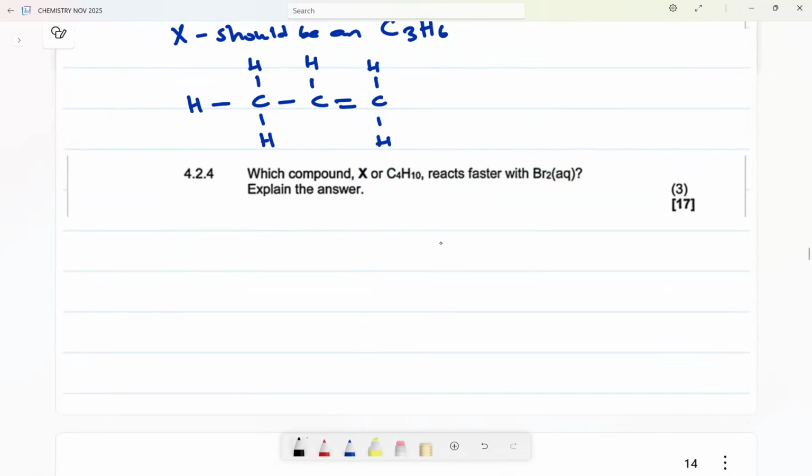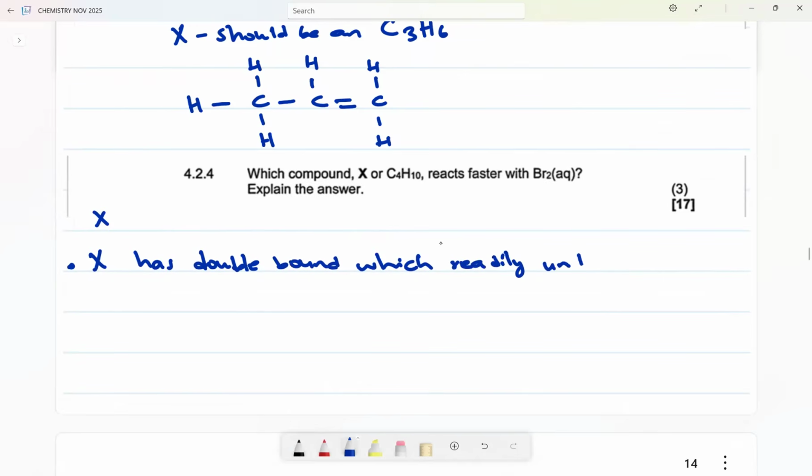Well, the one that reacts faster, it is X. Why? It is because X has a double bond, which readily undergoes an addition reaction.